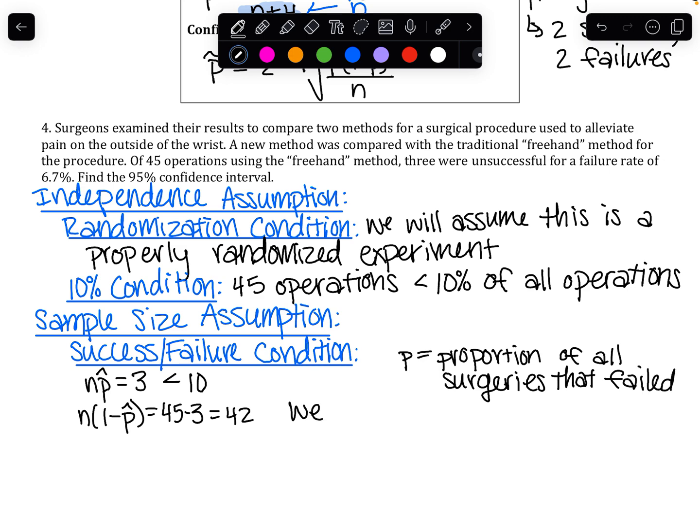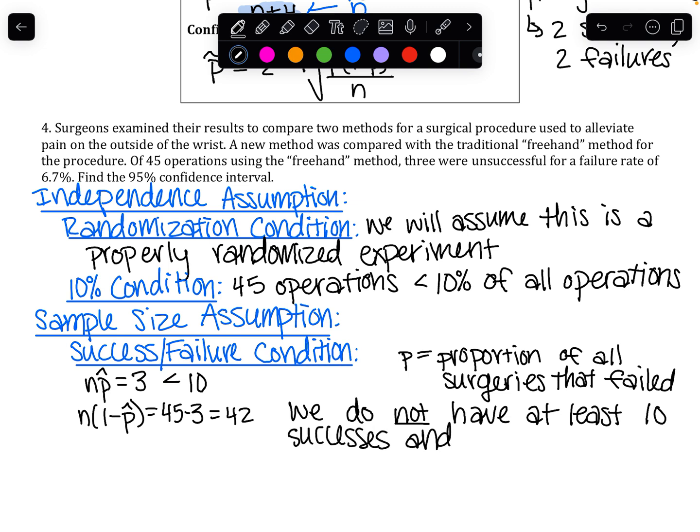And we do not have at least 10 successes and 10 failures. So we'll use the small sample adjustment.